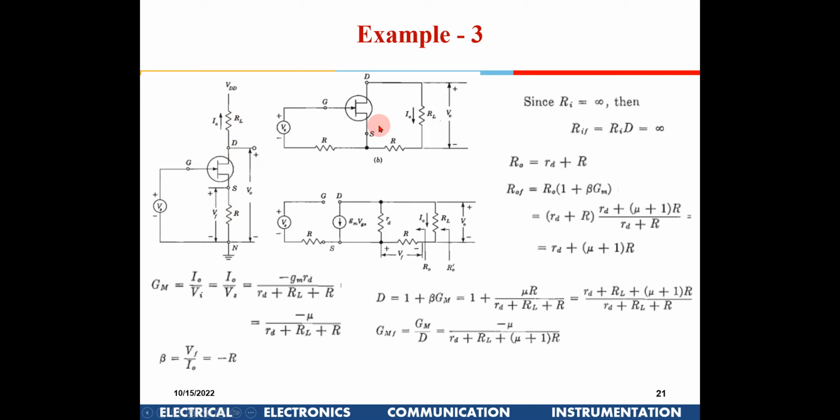Now, if I have to draw a circuit, since it is current, I put current equal to 0. So if I put current equal to 0, will this R remain in the input circuit?